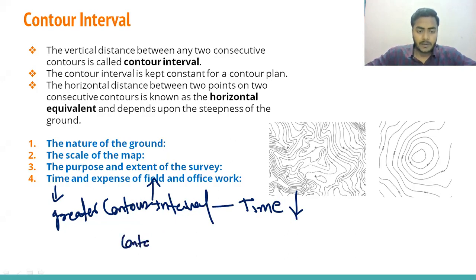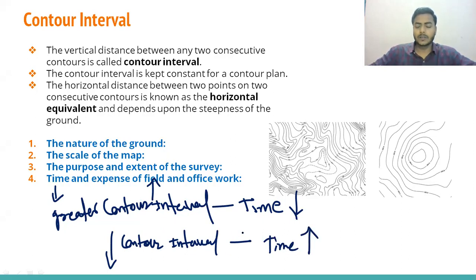When the contour interval is less, then more time will be taken to complete the work. So when we have enough time, we can take a smaller contour interval to get more accuracy. But suppose we have very limited time to complete our survey or our work. In that case, we can go for a larger contour interval to finish the work within the limit of time that we have.